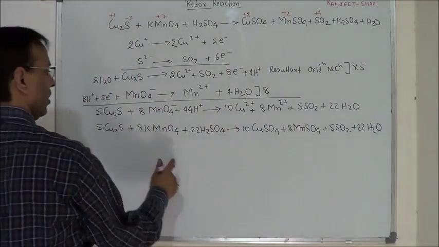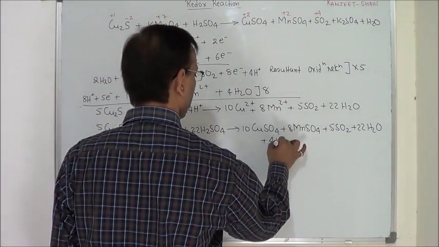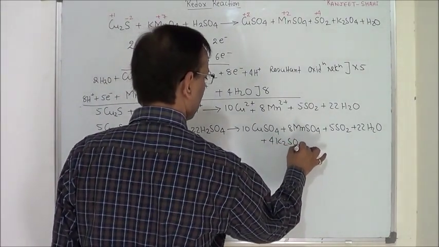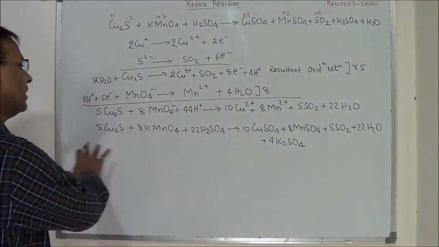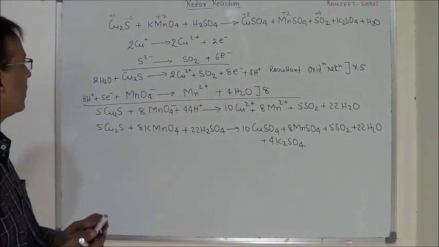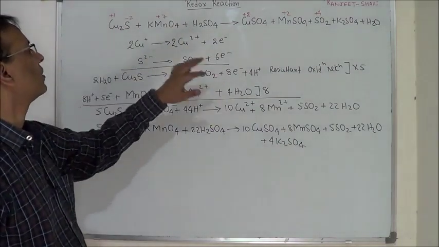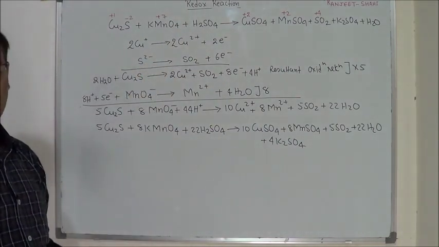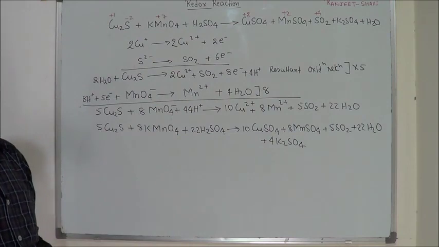So we have 8 potassium, so 4 K2SO4 also. And this is a 100% balanced redox reaction. So a redox reaction in which more than one element is oxidized can also be balanced by this method.